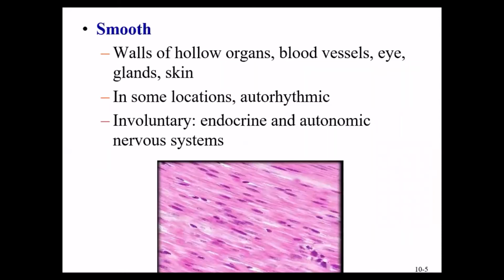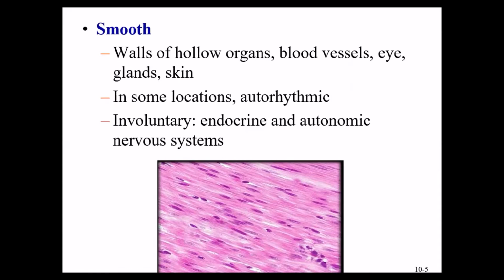You also have another type called smooth muscle. You generally find smooth muscle in the walls of some of the hollow organs, including the stomach and the intestines and your blood vessels, and even your eye has some smooth muscle associated with it, and your glands and even the skin.